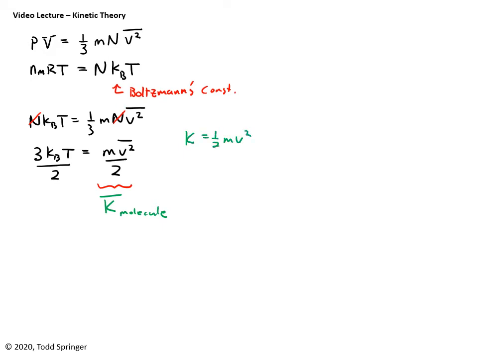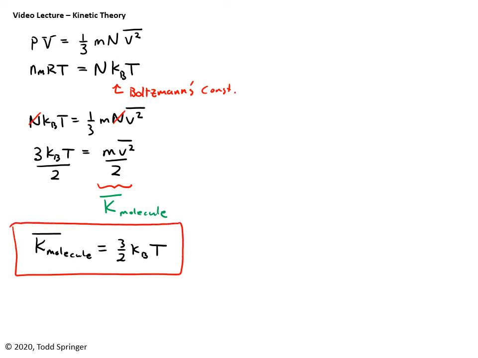So the average kinetic energy is 1/2 m, the average speed squared. Okay. So what I have now is this interesting formula. The average kinetic energy of one molecule is 3/2 times Boltzmann's constant times the temperature. And that's really, really important.